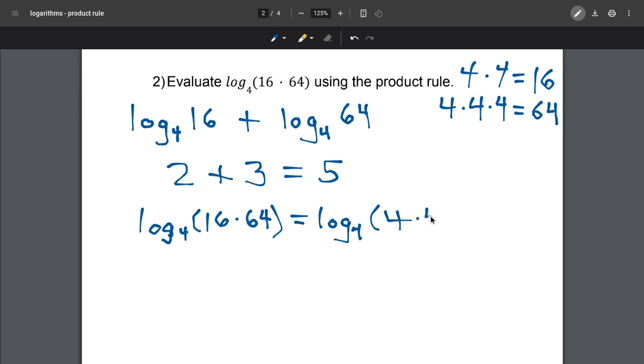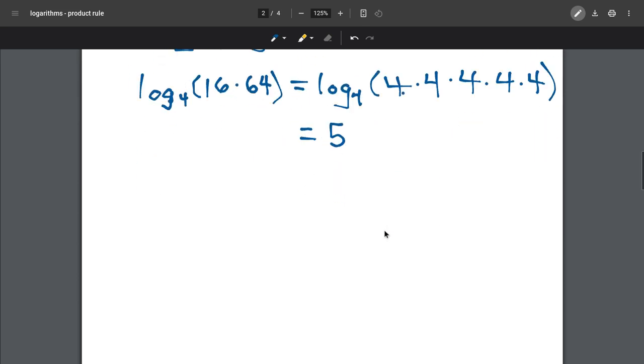So 4 times 4, that's 16, times, then 64 is 4 times 4 times 4. So again, 1, 2, 3, 4, 5 4's to get whatever this number is. So log base 4 of whatever the number is, well, it's taking 5 4's multiplied together, so it's just 5. Okay, so hopefully that is illustrating why this product rule works.